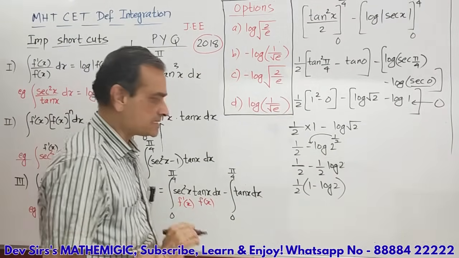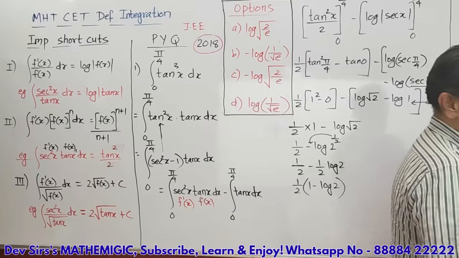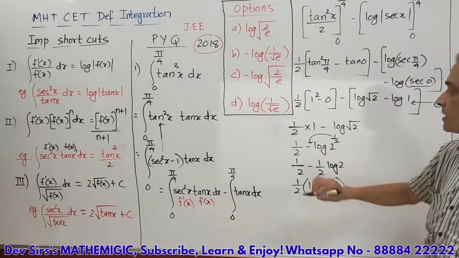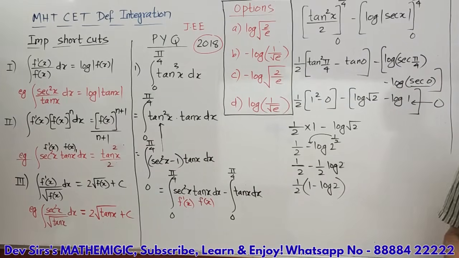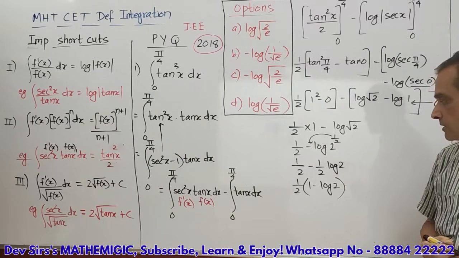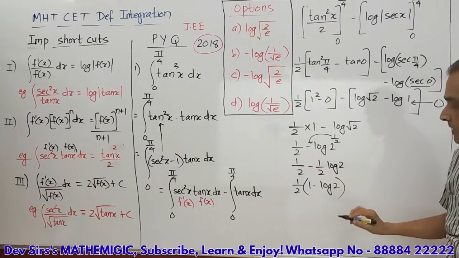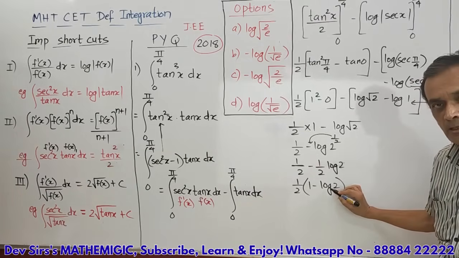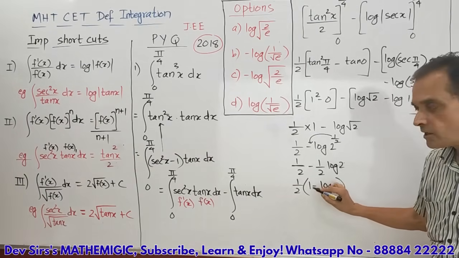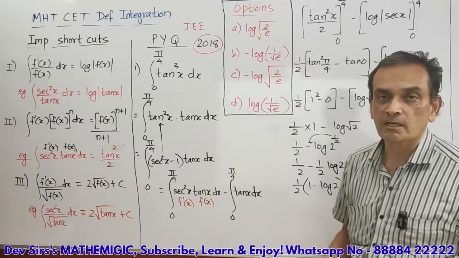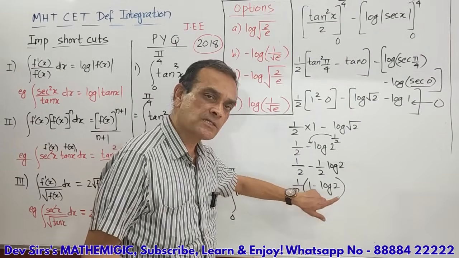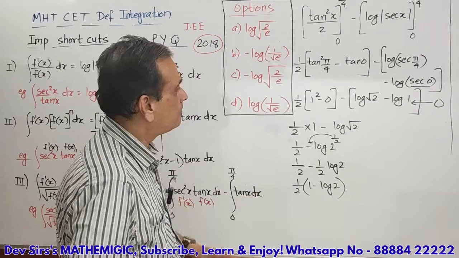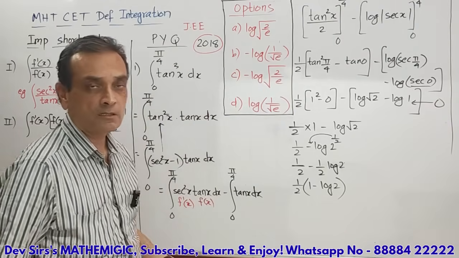Next thinking process. सब जगह पे log है. For all four options we have got log. So remember, now to convert the answer into, you already have got log here. So I want to get log here also, because otherwise you won't get the answer in terms of logs. ये answer आ गया. Board में अगर है तो this answer would have been given correct. But you have to simplify to get this answer.